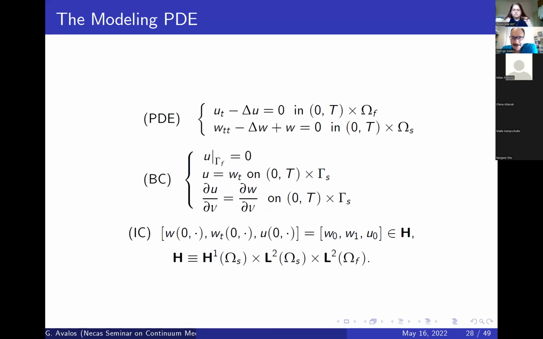As I said initially, Lions in the mid 60s, and after Lions' monograph, there was a great lapse of time, but then Lasiecka in the early 2000s took a look at it, and then people seem to have jumped on these dynamics for a while.